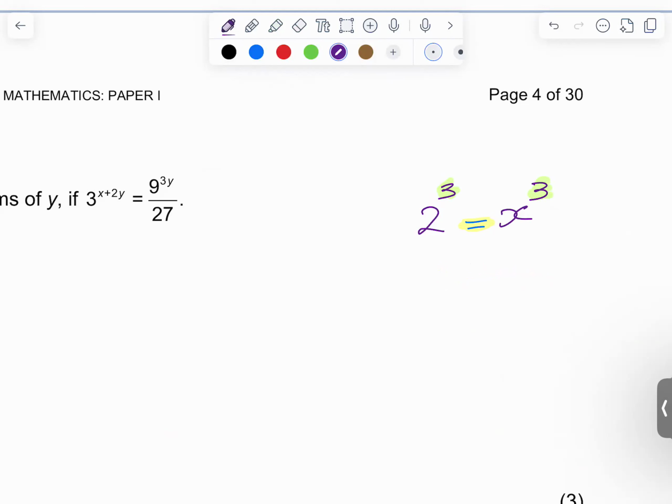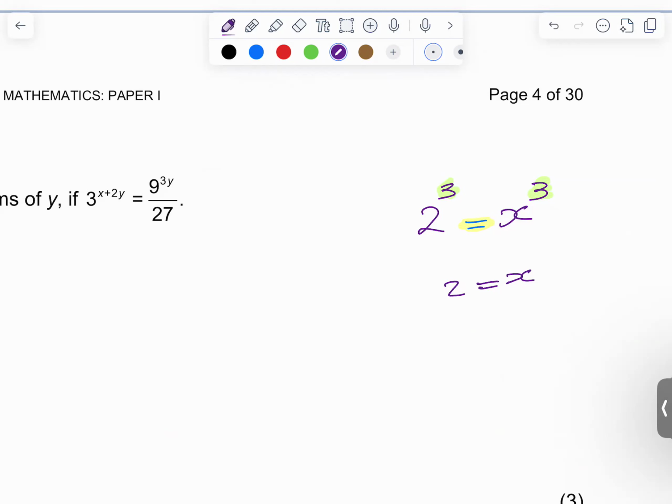So if the exponents are the same, we just drop the exponents and equate the bases. Same bases, same exponents. Same exponents, same bases. That's how it works. You got it.